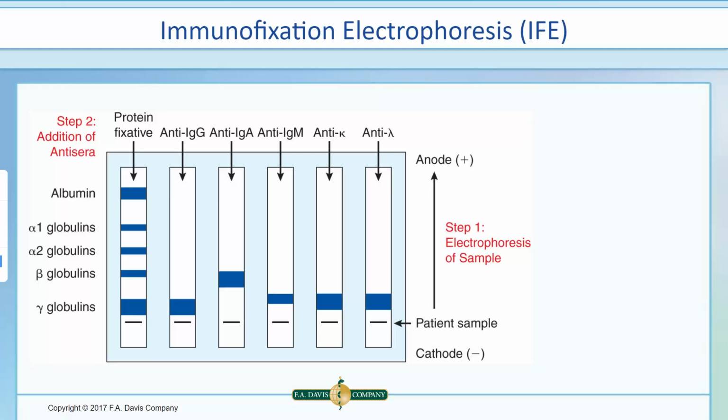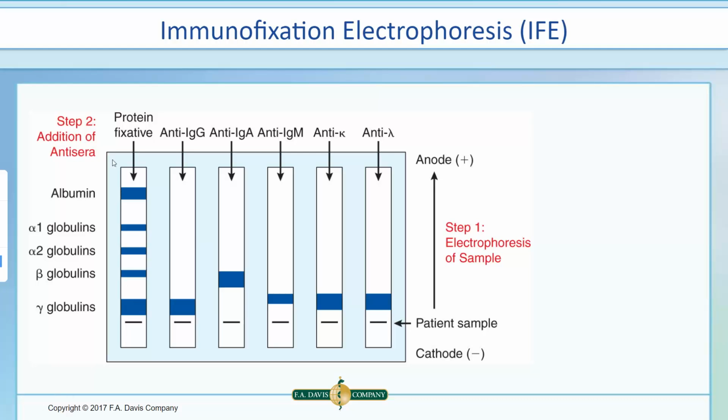Then there's immunofixation electrophoresis, where we have anti-IgG, anti-IgA, and anti-IgM antibodies, and anti-kappa or lambda antisera associated with this. And then we have a protein fixative. So this can actually take it a step further.